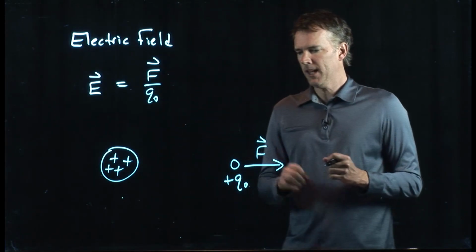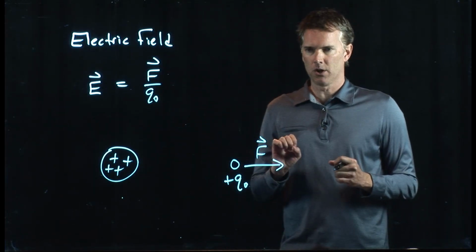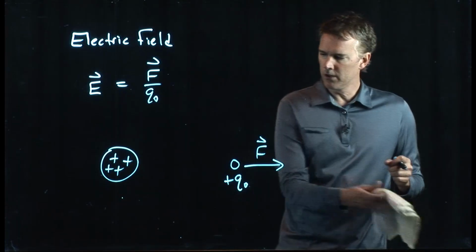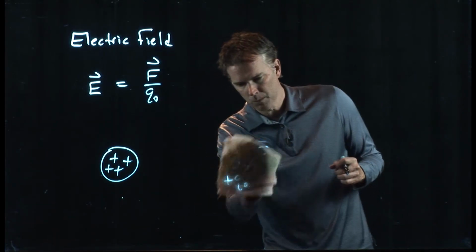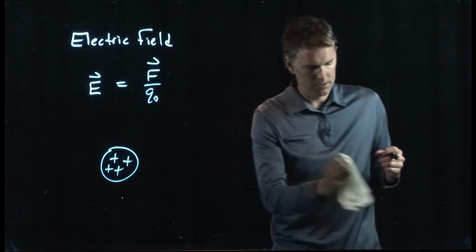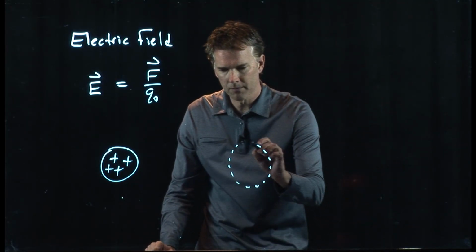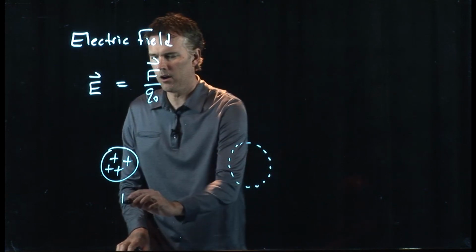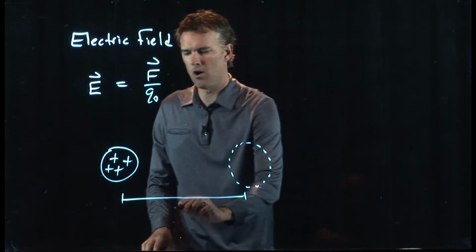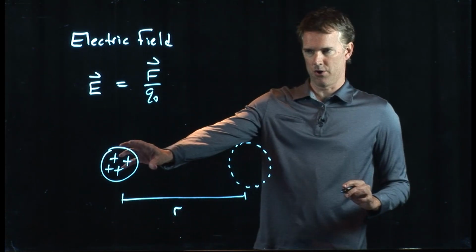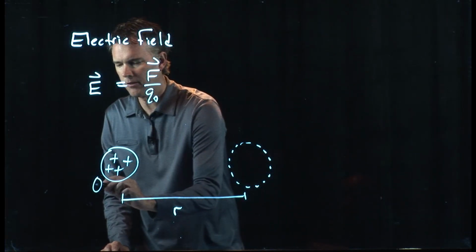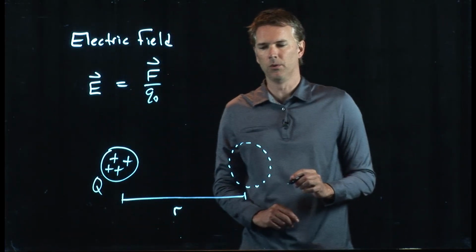Okay, but let's say we don't have any charge there. Let's say we just erase it and we think about that region of space. And let's say that we are a distance, r, away from our charge, and that charge has a total value of q.